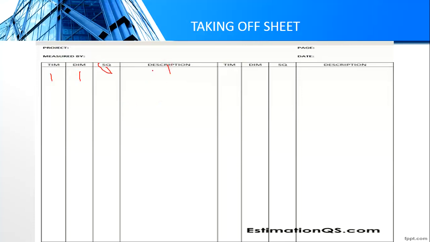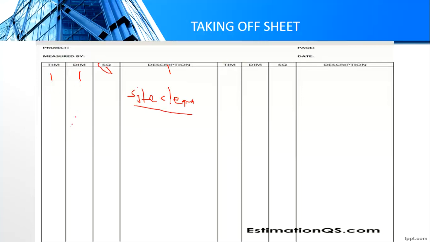This particular column is where you describe your work item. For example, if you want to write side clearance, this is where you describe it. You write something concerning your side clearance, maybe clearing the shrubs and the weeds.